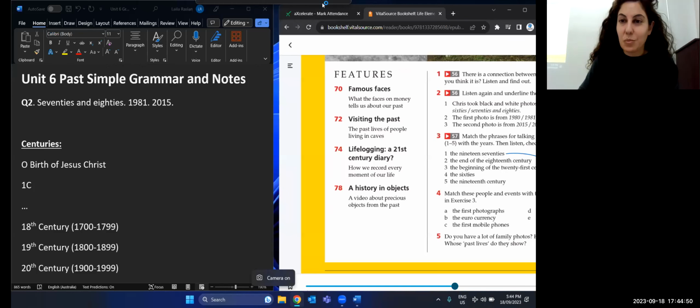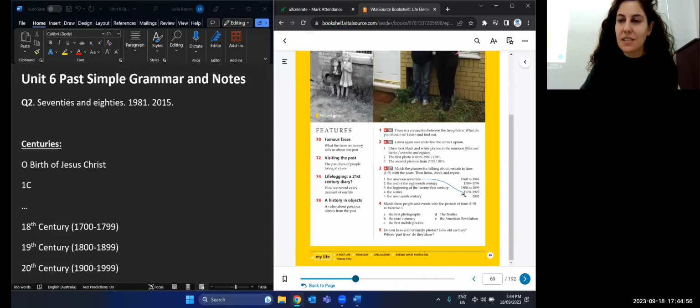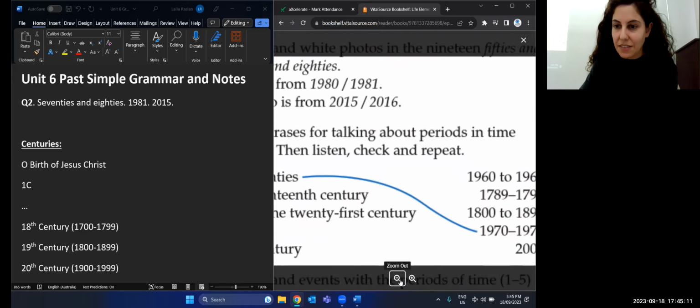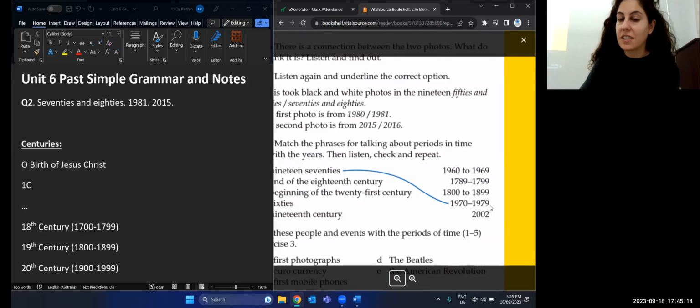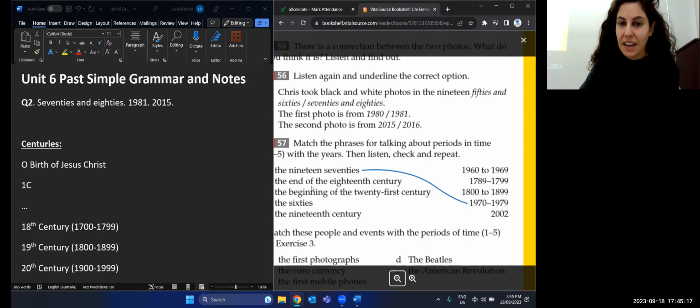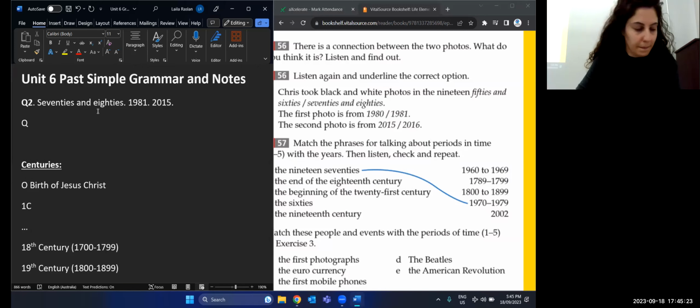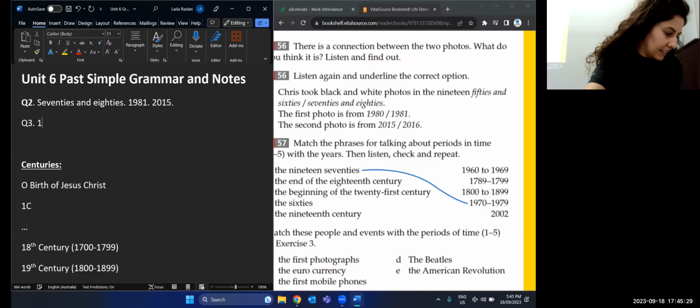Okay, let's look at the answers and then we'll talk about it after. So the 1970s is which year? Yes, 1970 to 1979. So they've done the first one for us. The end of the 18th century is 1789 to 1799.